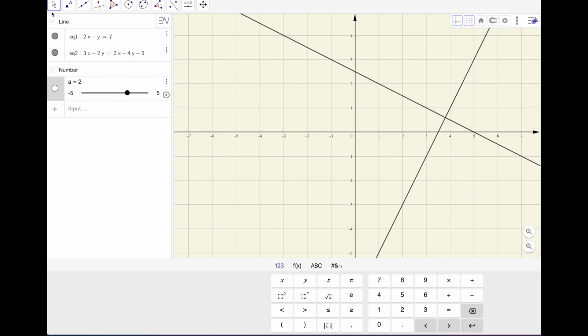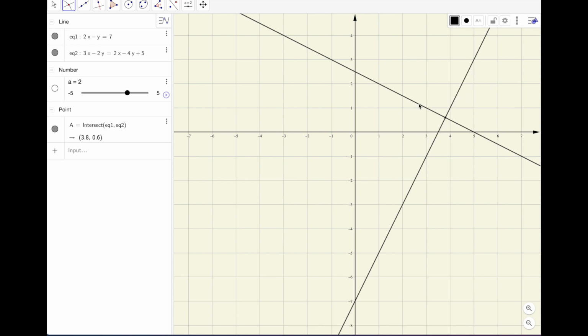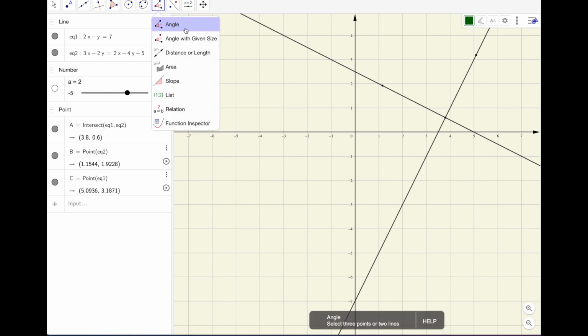If you want to use the tools in GeoGebra to understand that, I will choose the intersection point, because I need some points. So this will give me this intersection point. And now I choose 2 random points, a random point here and a random point here, because I want to use the angle measuring tool, and for that you see that I need 3 dots.